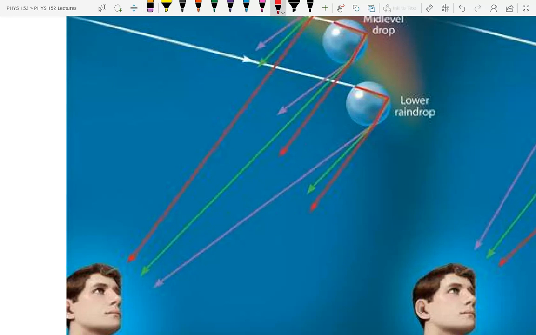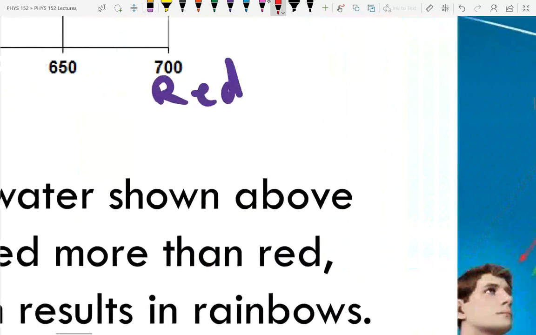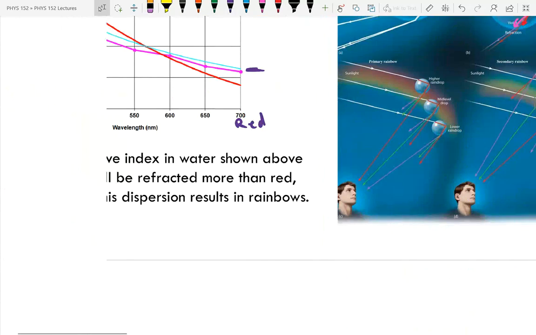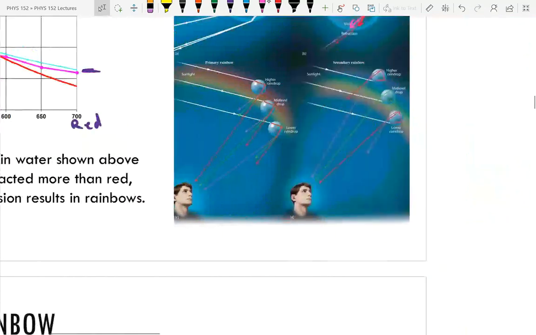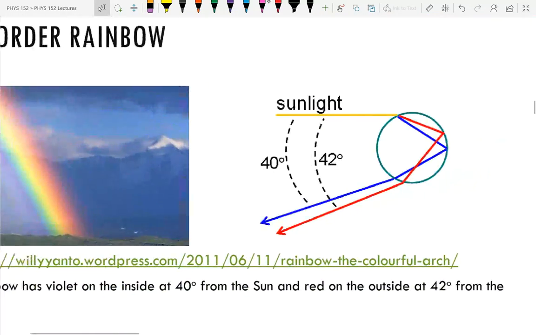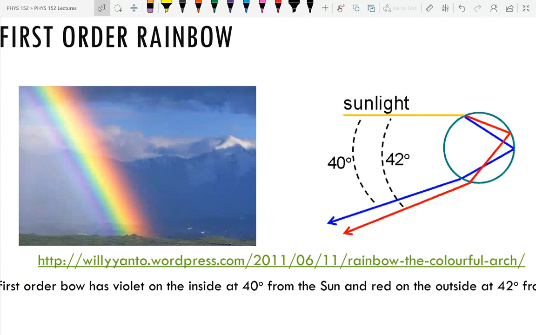So you see violet at the lower angles, red at the higher angles. And what are those angles? They're between 40 and 42 degrees roughly. I thought I had that on this slide. Maybe it's on the next one here. Yeah. Between 40 and 42 degrees are the angles for seeing the colors of the first order rainbow.